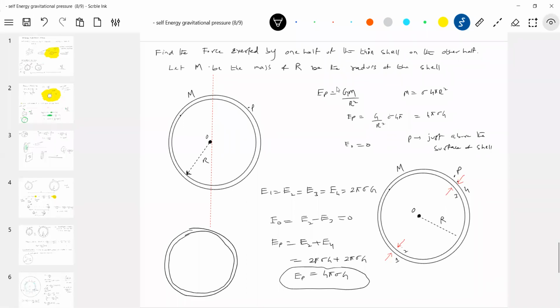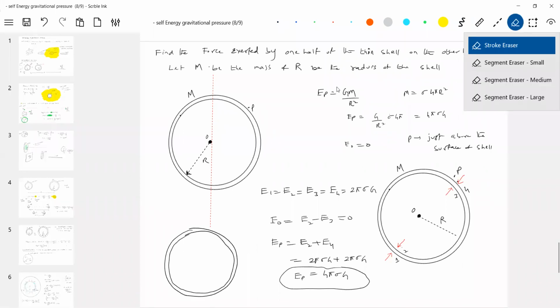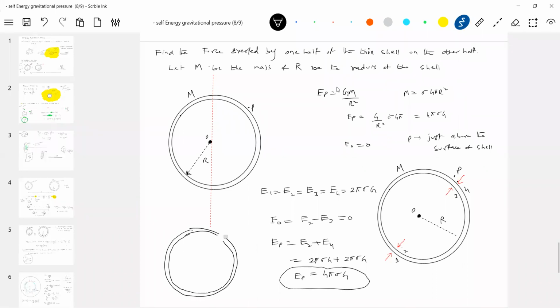Now I'll go into one more idea. I removed a small surface. I think this will be a cap, no? This cap, I removed a small surface here.